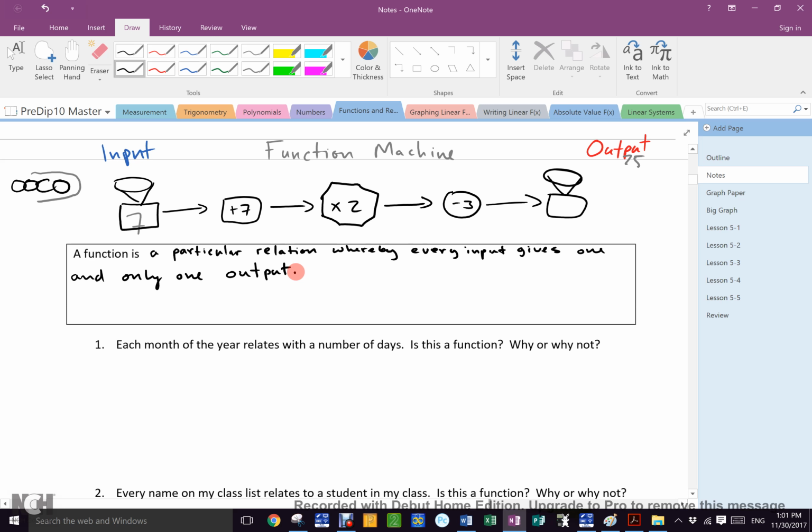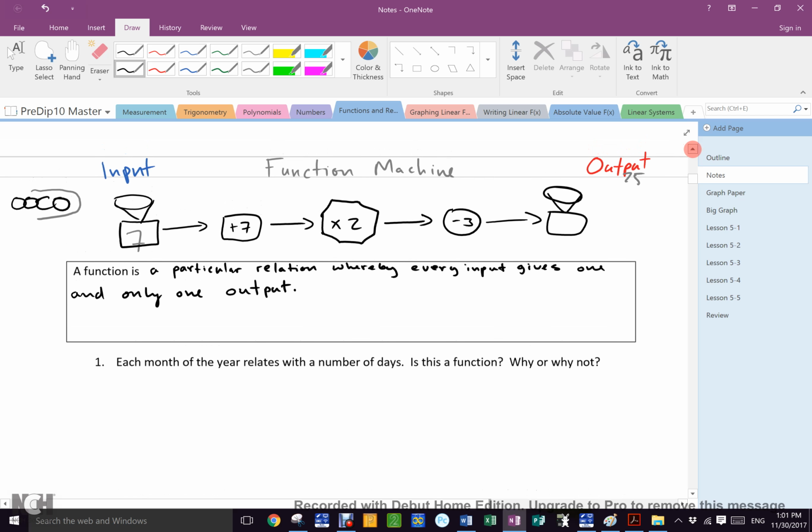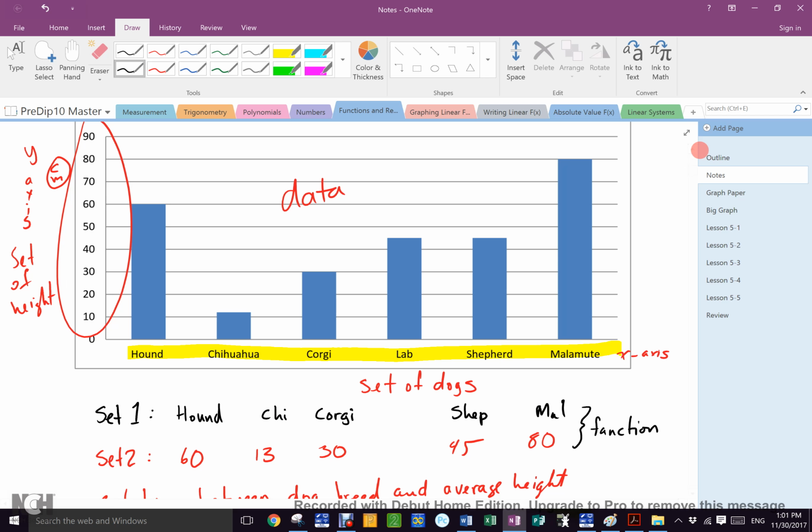Okay? So, look back at the dog chart. What would you say is input? The dog name or the height? Which of those two sets would you consider to be the input if I were to ask you a question about this chart?